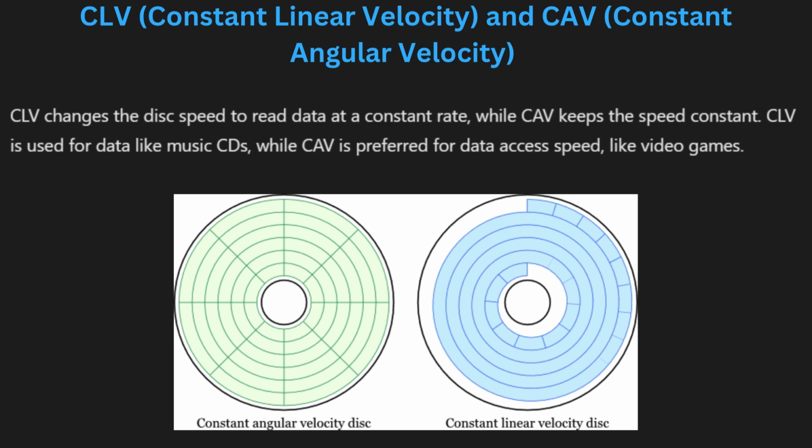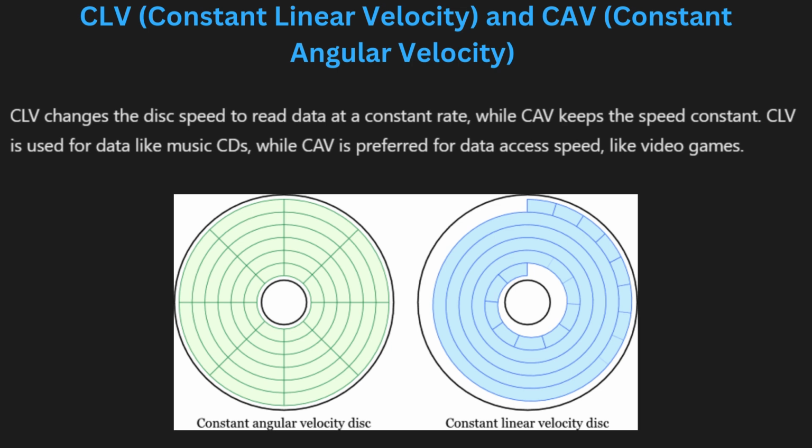This method allows for more efficient data storage because the outer parts of the disk store more data than the inner parts. The CLV is commonly used in media where sequential data access is important, like music CDs and movies also.